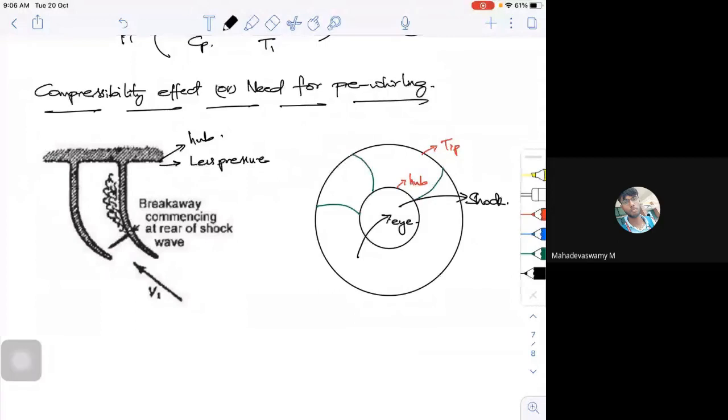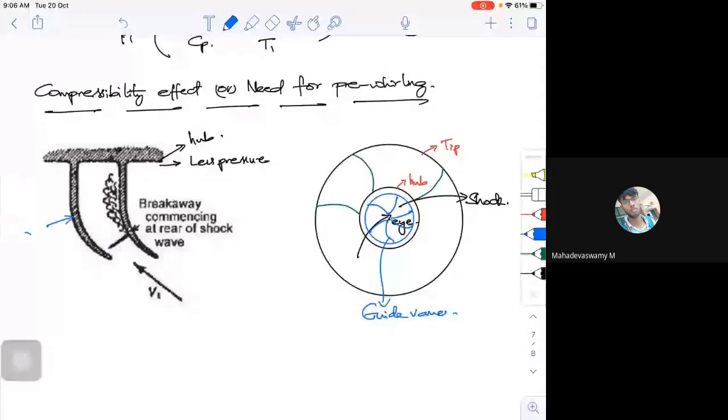So what they try is to put one simple guide vane like this. Here they are going to put what is called a guide vane.